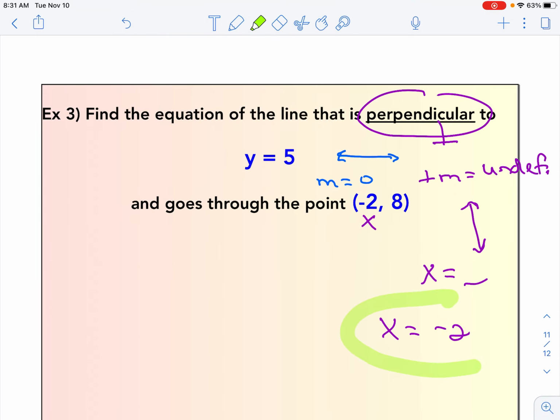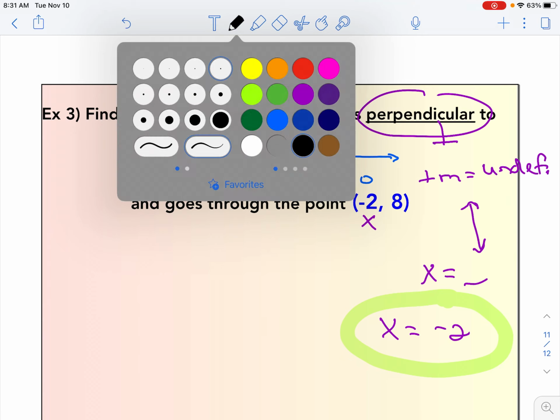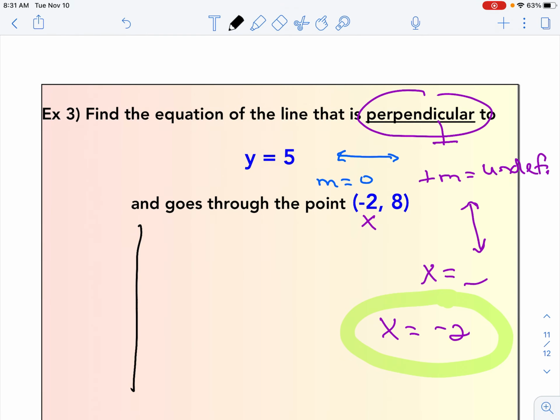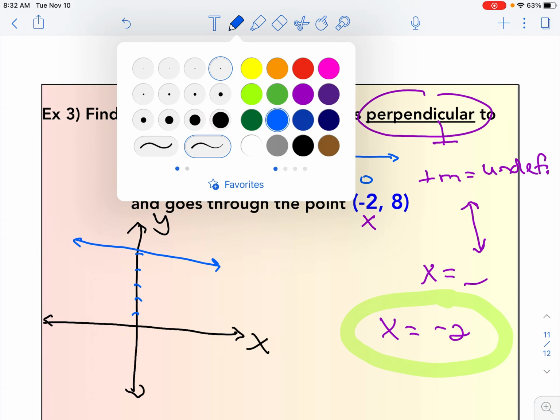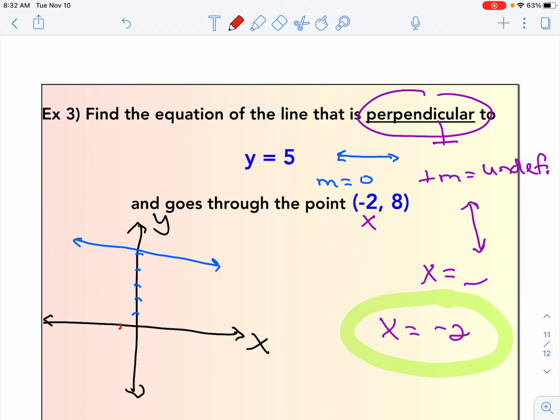So that is our equation. That's just kind of intuitively knowing what's happening. But remember, you could always go ahead and graph this and see what this looks like on your graph. So here's your x-axis, here's your y-axis. The first line is y equals 5. So right here. So you want it to go through the point -2, 8.